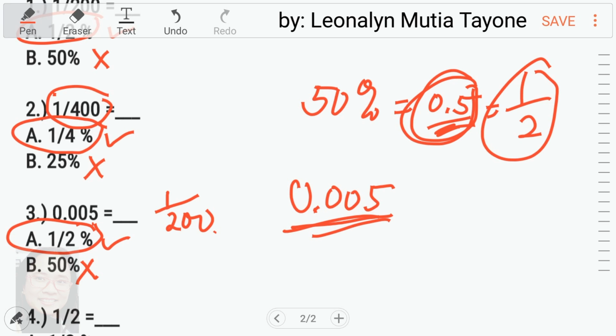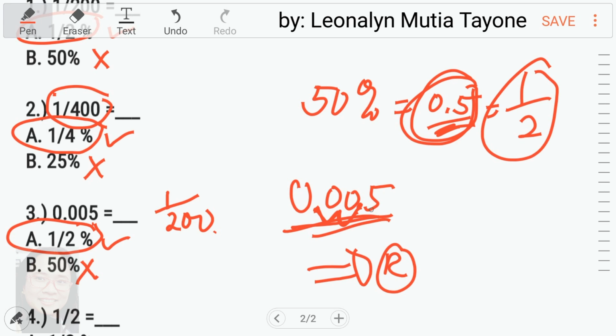Si 0.005, kung gusto mo siyang i-convert ng percent, may percent sign, mag-move ka lang ng 2 decimal place to the right. Ganun din naman ang ginawa natin sa number 1, number 2. Kapag mag-convert tayo to percentage or lagyan natin siya ng percent sign, mag-move ka lang ng 2 decimal place to the right.